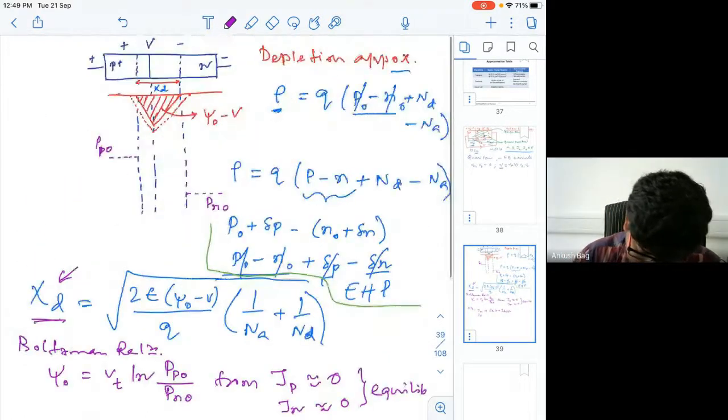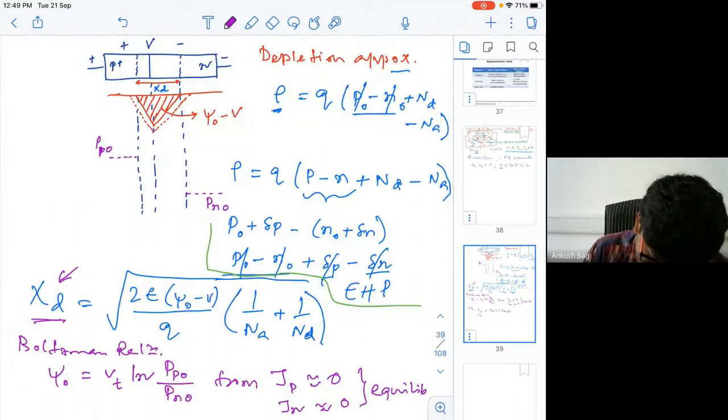See, when we apply this forward bias, earlier we had this depletion region. See, this is the electric field applied.